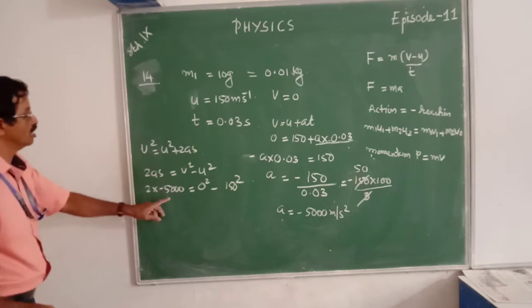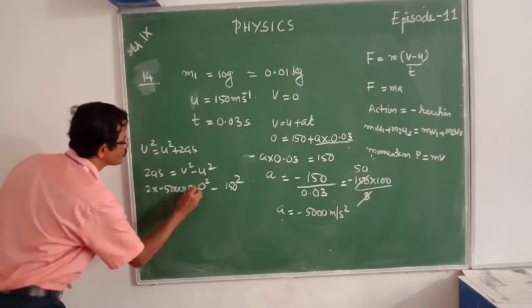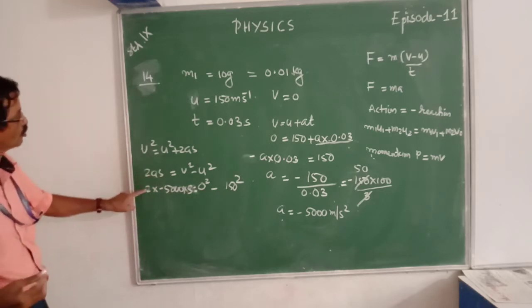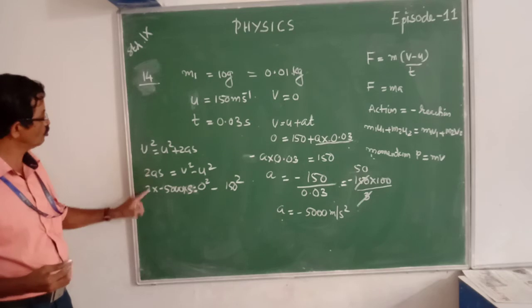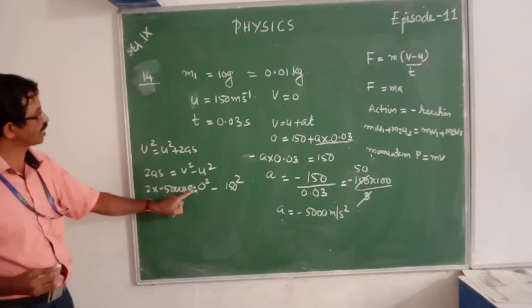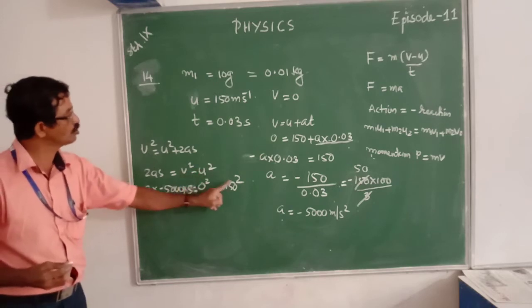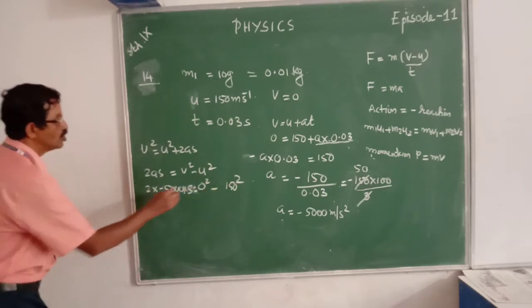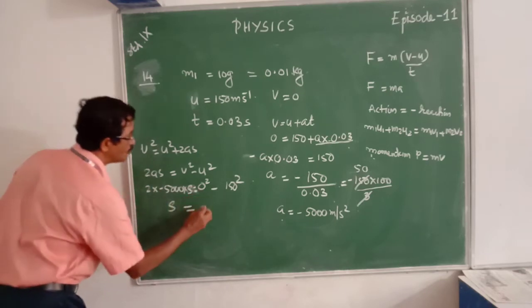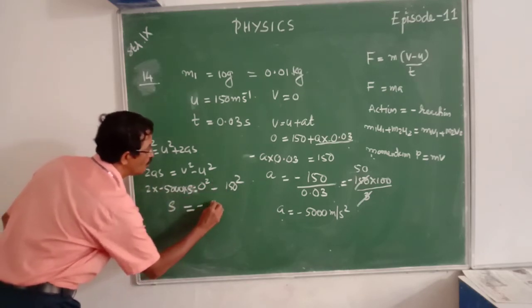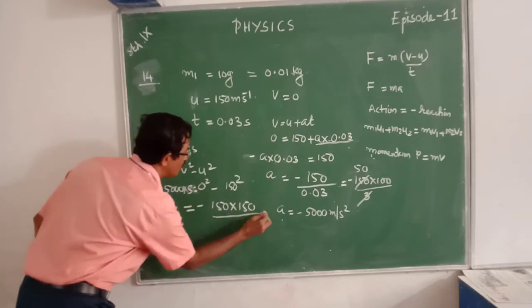Now we want to find s. To calculate s, s is equal to minus 150 into 150 divided by 2 into minus 5000.